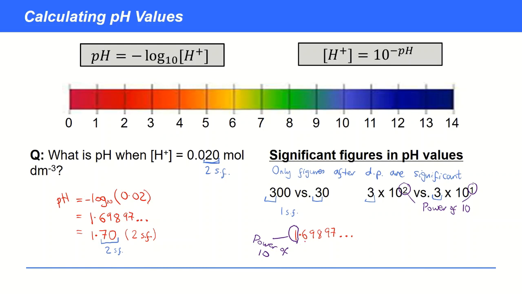The significant figures start after the decimal place. So these numbers are the sig figs. So we always give pH values to 2 dp, which corresponds to 2 significant figures. If you happen to have a 3 sig fig concentration, you would give 3 sig figs, which would be 3 decimal places. But usually pH meters only tend to measure pH to about 2 dp, so this tends to be the most common.